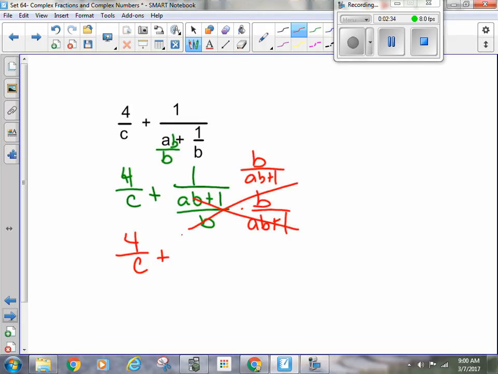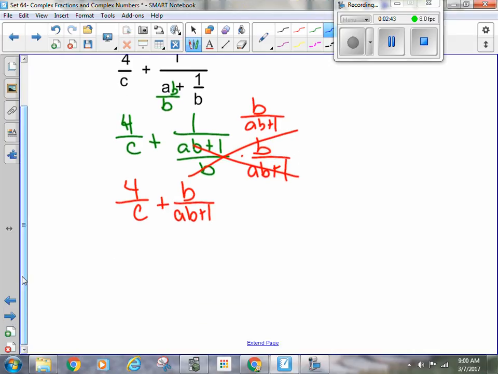And now I'm just going to be adding two fractions. Now when I add the two fractions, I need to get common denominators here. To get a common denominator, I always have to multiply by something. So I'm going to have to multiply this entire thing by C. I'm going to have to multiply this entire thing by A plus B plus 1.